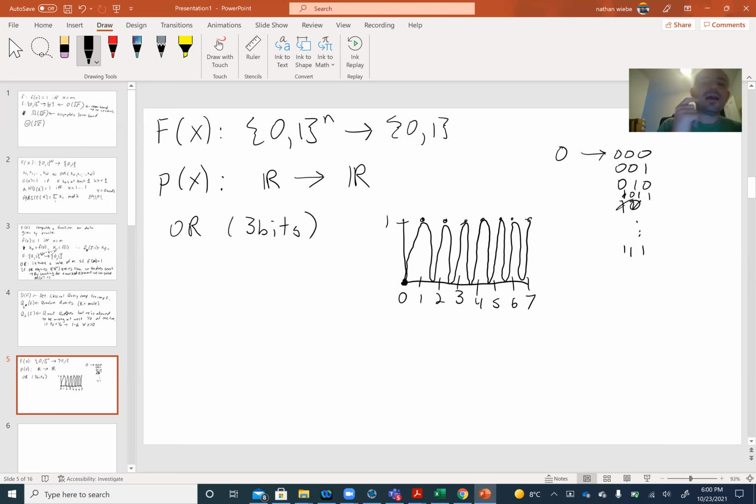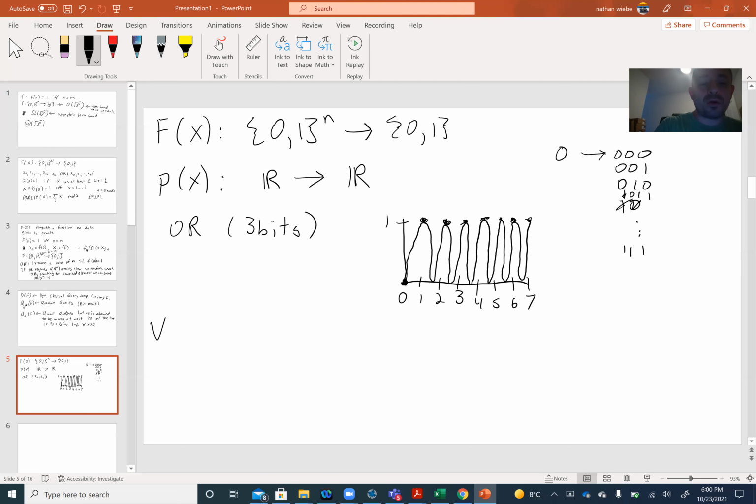Now, the key point here is that the polynomial is allowed to be anything it wants at intermediate values, but we constrain it at the exact values corresponding to the inputs to agree precisely with f.